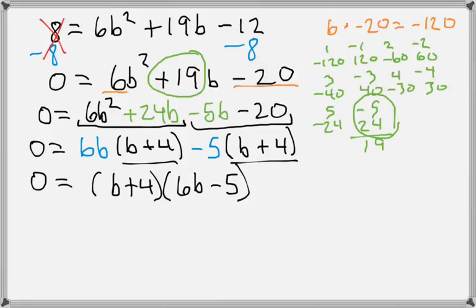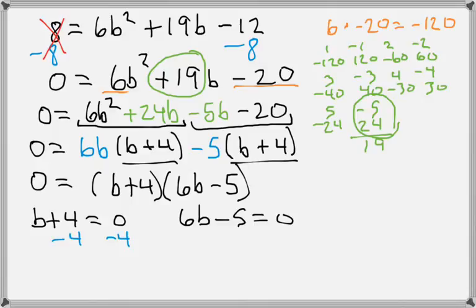So now we have two things multiplied together to equal 0. Again, that's our zero product property. So we have b plus 4 is equal to 0, or we have 6b minus 5 is equal to 0. Here on the left, we get b by itself by subtracting 4. So we get b is equal to negative 4.